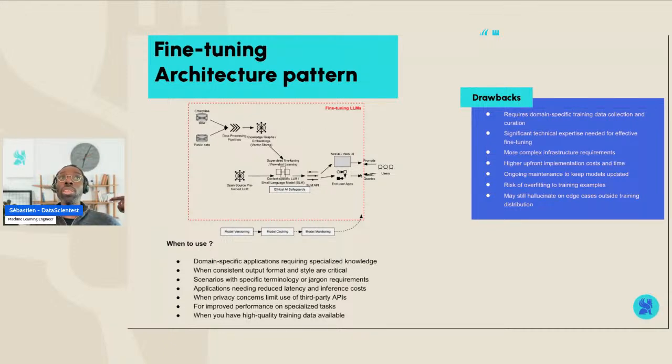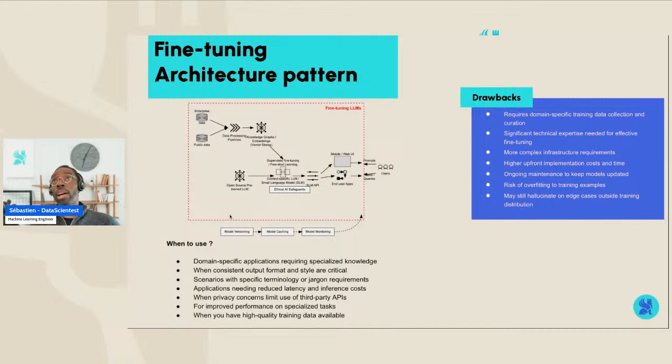So when you are doing this, you are kind of doing MLOps, but on LLMs. And then when your model is ready, you will wrap your model inside an API and then expose your API to your end user.